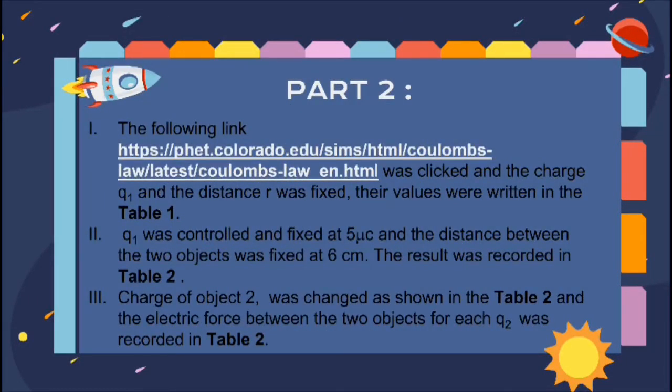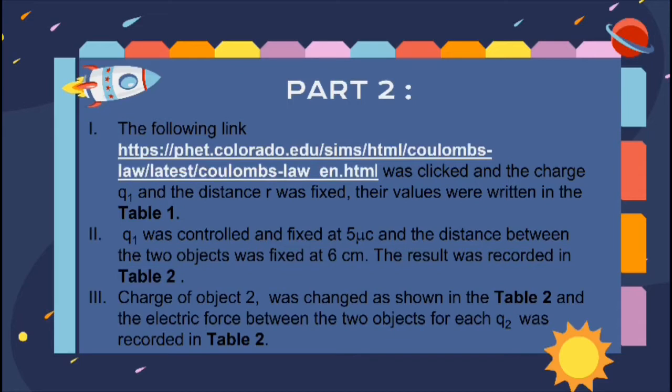Procedure, Part 2. First, the following link was clicked and the charge Q1 and the distance r were fixed. Their values were written in the table. Second, Q1 was controlled and fixed at 5 microcoulombs and the distance between the two objects was fixed at 6 cm.